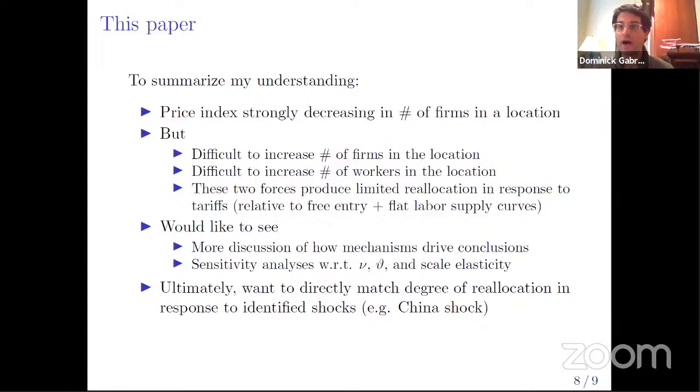And so in a model that would otherwise produce very strong responses to tariffs, these two features combine to limit the actual reallocation that we see relative to a model without them. And so what I'd like to see is a little bit more discussion of how these mechanisms drive the conclusions and some sensitivity analyses with respect to these crucial supply parameters and with respect to the scale elasticity.